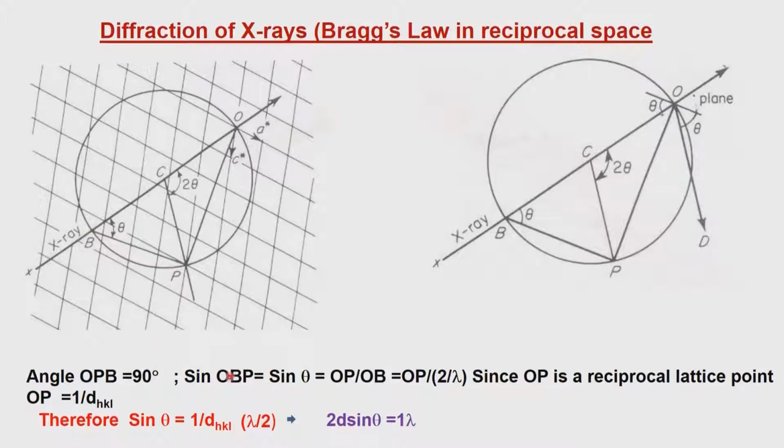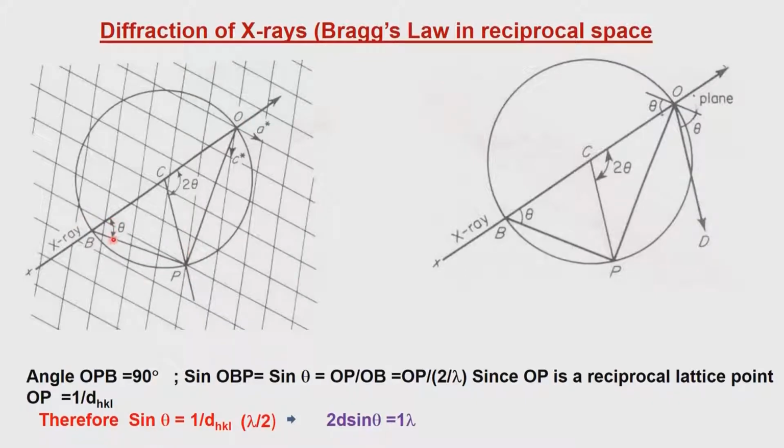Now, you see that if you consider this as OBP, the angle associated with OBP is theta. So, this will be the sine of theta. If you consider the triangle OBP, one of the angles is 90 degrees, and this angle is theta.